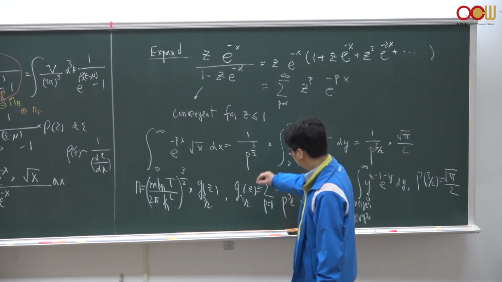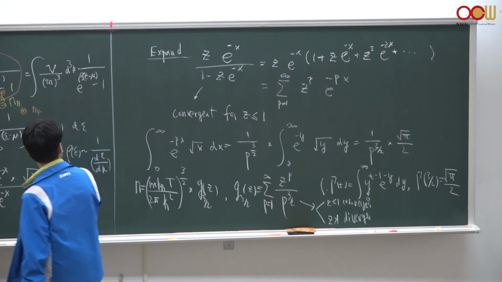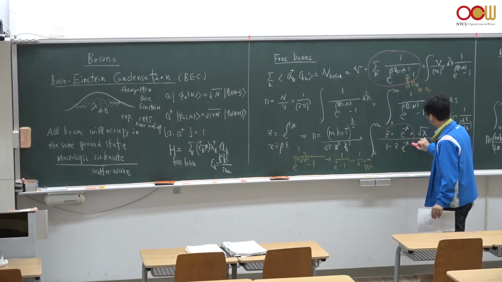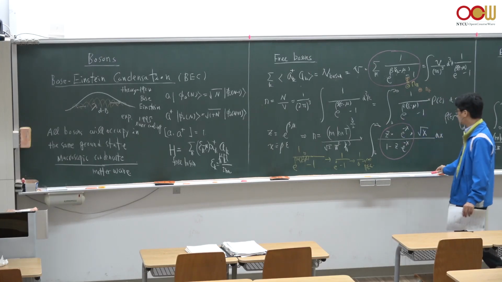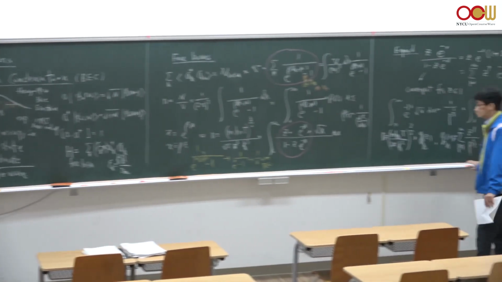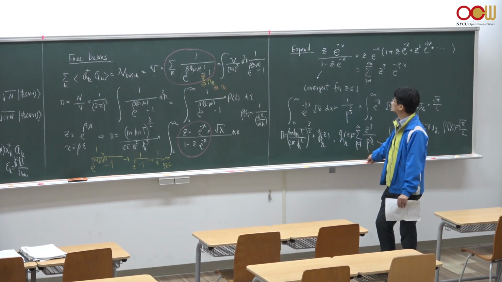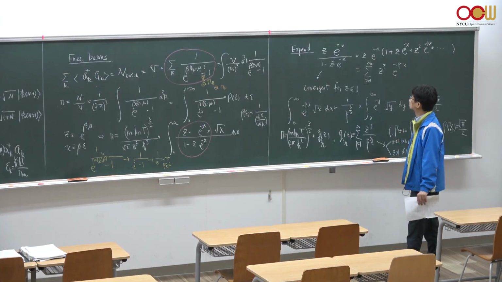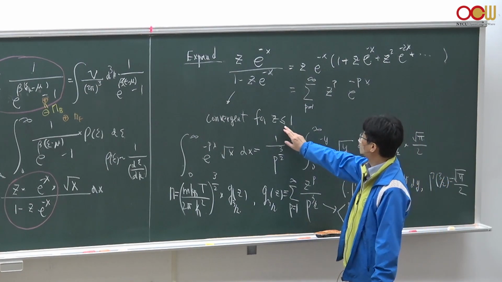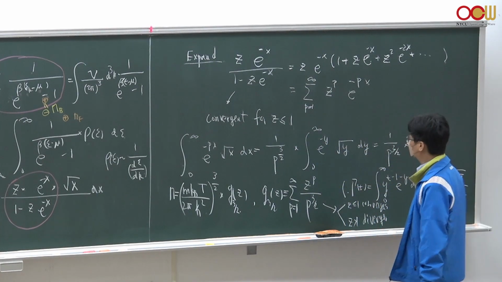So you could Taylor expand this complicated function encircled by red, and imagine that z is actually smaller than or equal to 1.